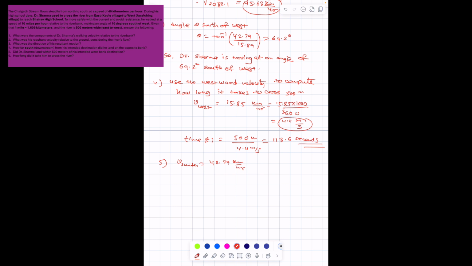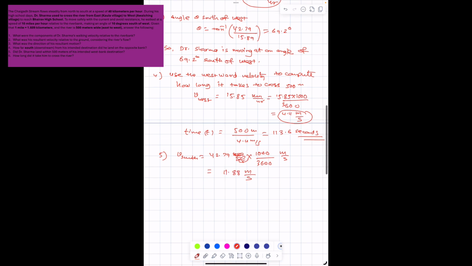Convert that into meter per second again, multiply by 1000, divide by 3600. So it would be around 11.88 meter per second. That is the velocity in southward.